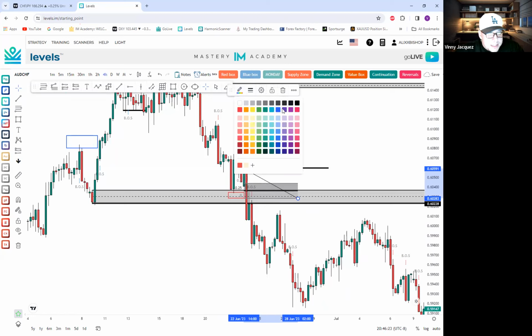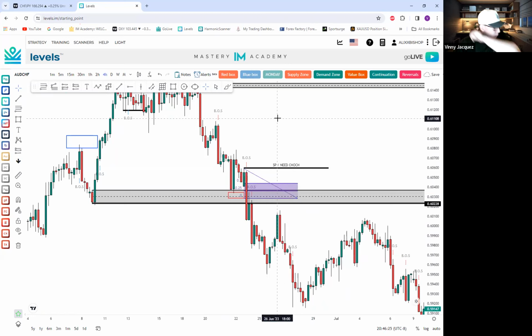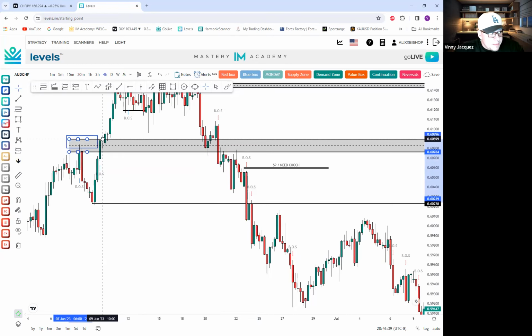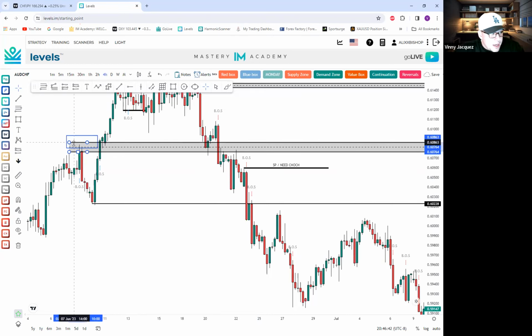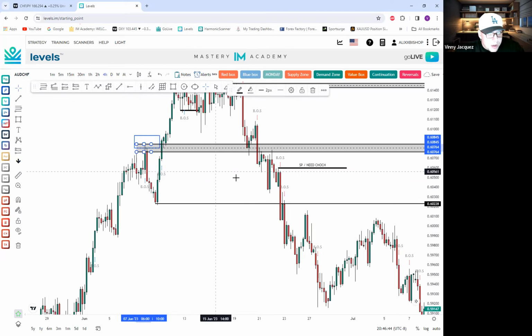Double confirmation. Boom. Give me a second, fam. So not only do we get that double confirmation in this area, now we have a shoulder play right here. I'll go from wick to body since I don't really know exactly where the blue box is.